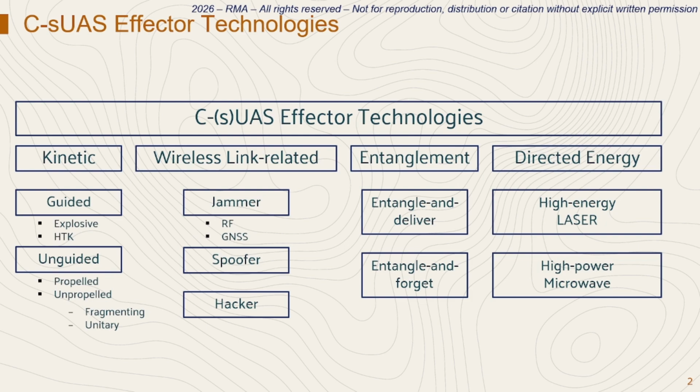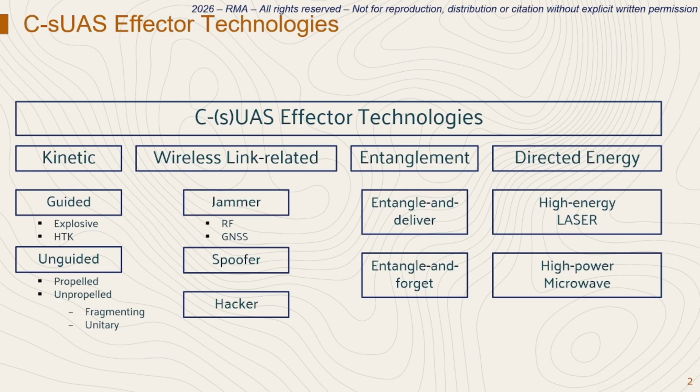Then we have wireless link related technologies such as jammers, spoofers, hacking systems that target the drone's communication or navigation. Third, we have the entanglement systems, which are basically nets. And finally, we have directed energy, such as high energy lasers or high power microwaves.